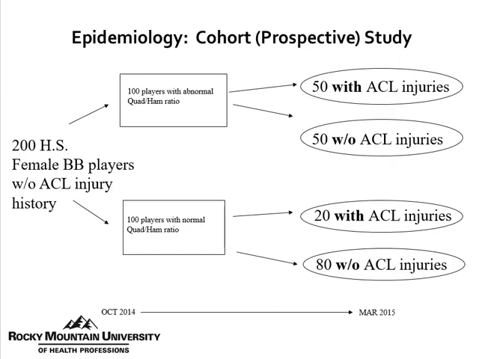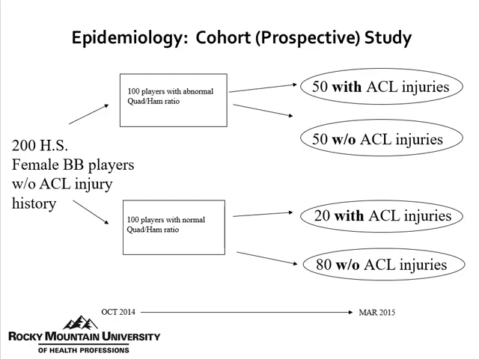Here's an example from the world of sports medicine. This is a made-up example, but let's say we had 200 high school female basketball players without ACL injury. And they're assembled at the start of the season. They all do not have ACL injury history.